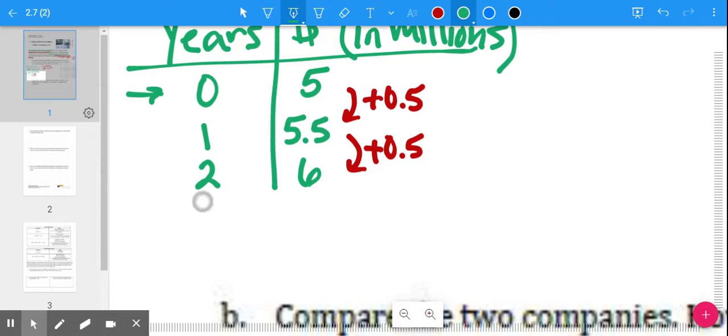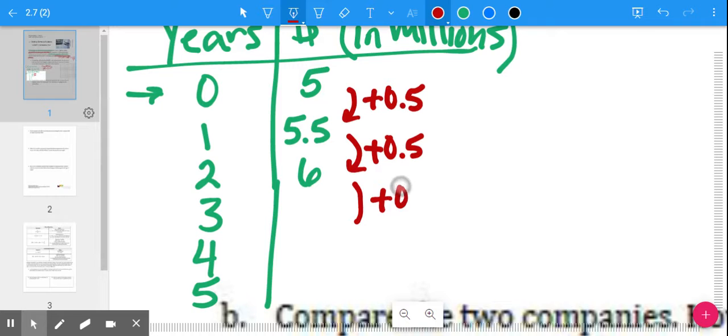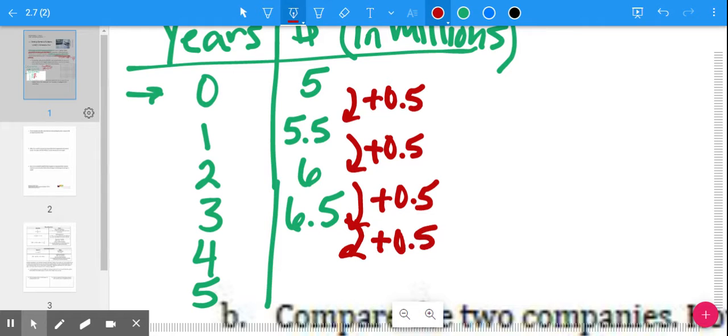And then at the end of the next year and the next year, we'll take it to 5 years. Added on to the 6 is another half, which gives us 6.5 million. To get from the third year to the fourth year, we do the same thing, our constant rate of change.